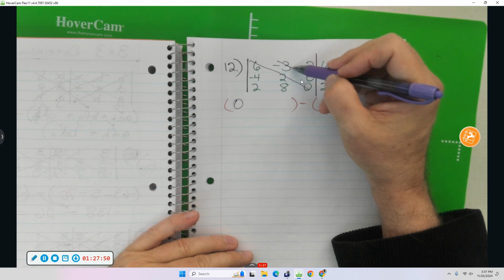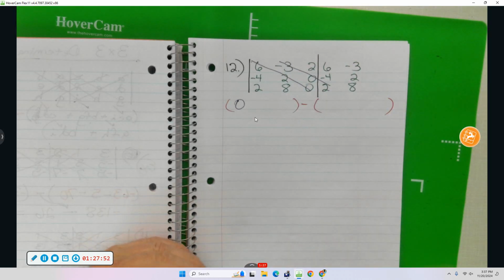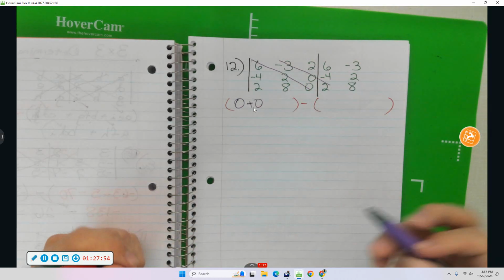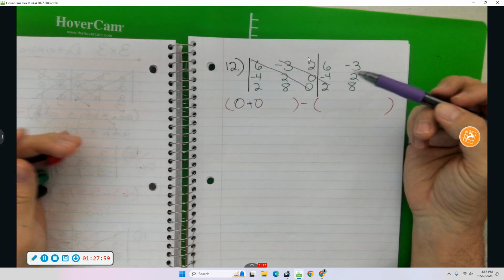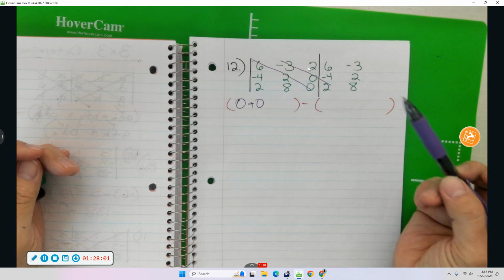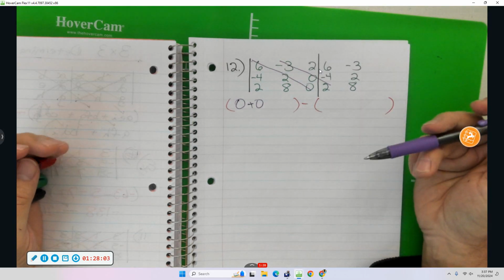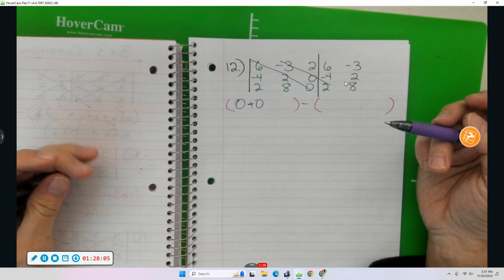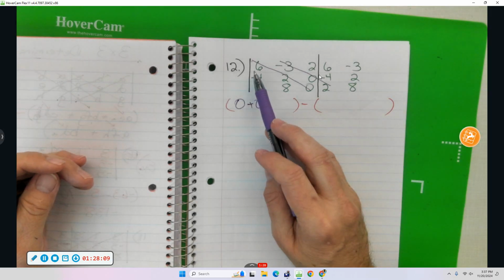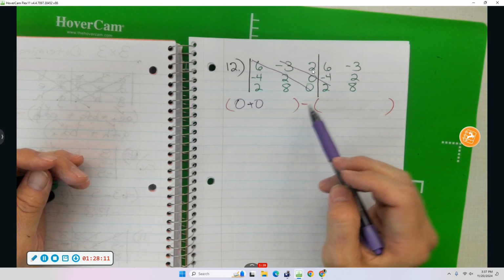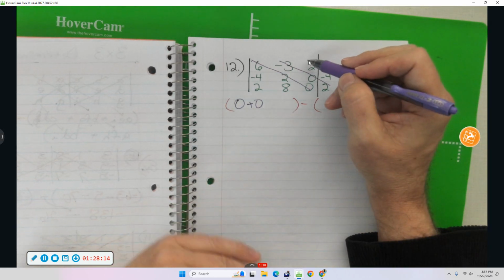Negative 3 times 0 times 2 is another 0. Suppose a whole row or column was 0. What do you think the determinant would become? The determinant would turn out to be 0. So if the entire row or column is 0, the determinant's going to be 0.